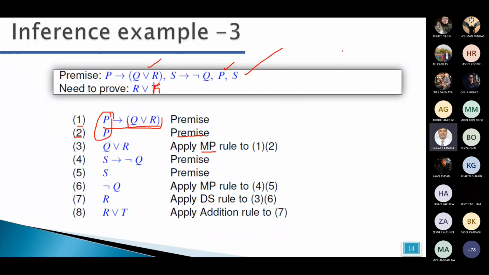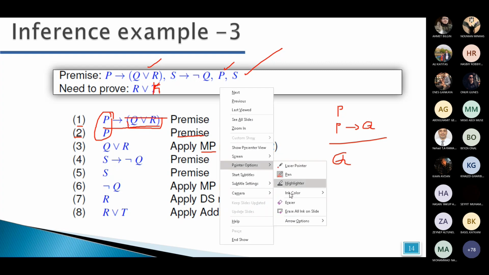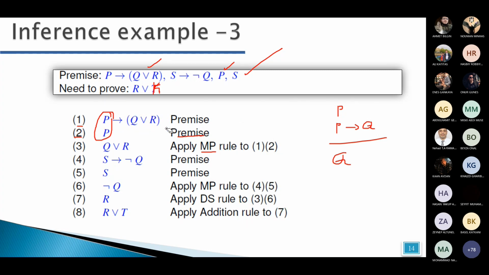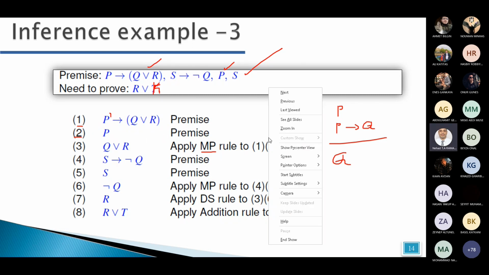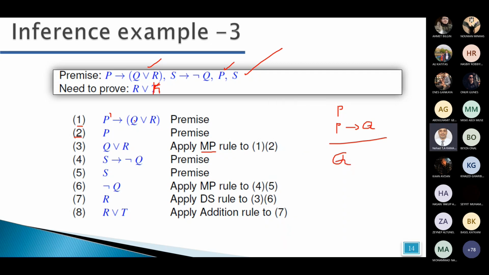If you remember the MP rule, P with P implies Q gives us Q. So we have P with P implies Q or R, then we can get this part using the MP rule.